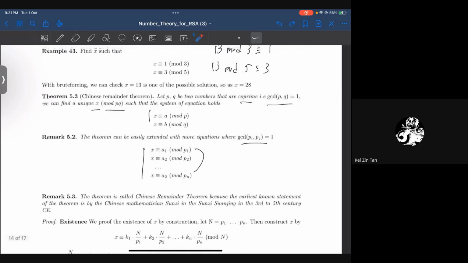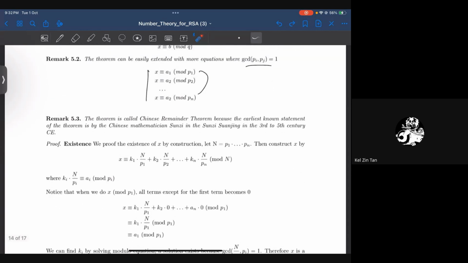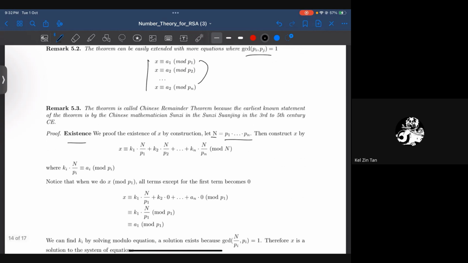Okay, so now how do we find such an x? How do we know whether an x exists? The intuition of the construction is like this. First, we try to prove the existence by constructing a number x. We let big N be the product of all the p's, all the moduli. So this will be P1 multiplied by P2 multiplied by P3 and so on until Pn.